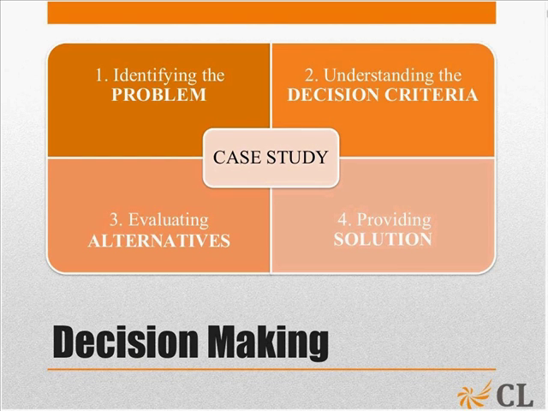4 things: either it is about 1, identifying the problem, or 2, understanding the decision criteria, or 3, evaluating alternatives, or 4, providing a solution. I will explain all these things. Whenever there's a case study, there's a situation, and one of the most important things is to identify what the problem is.